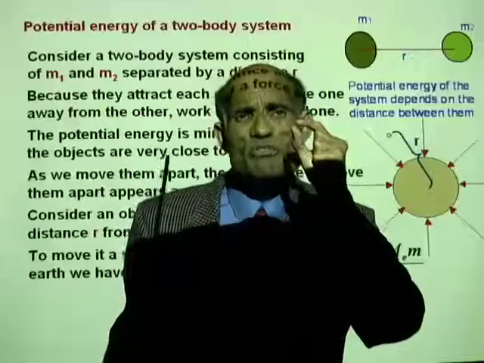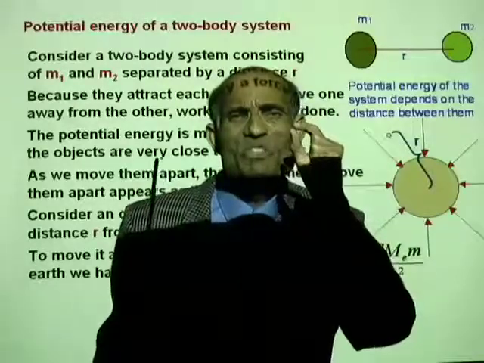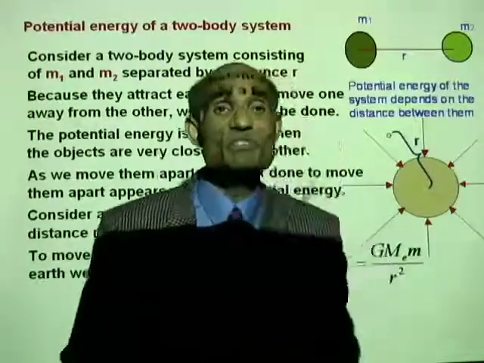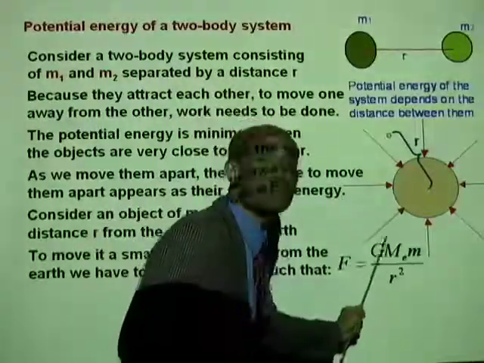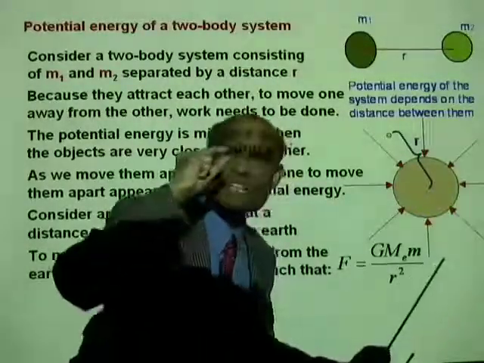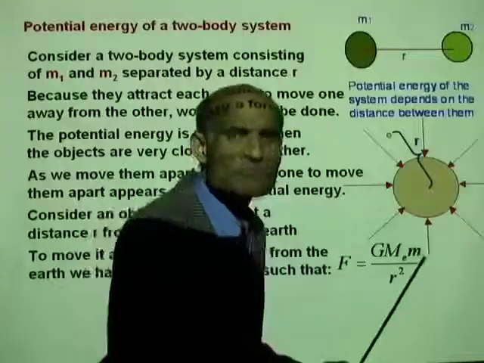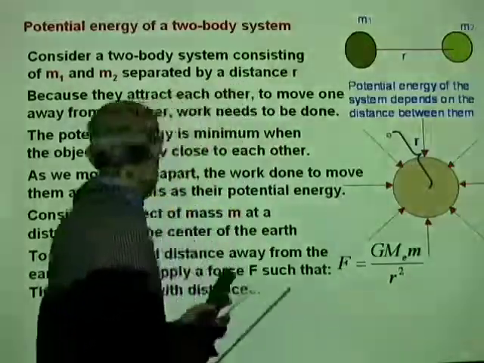Suppose we produce a very small displacement dr. We will assume that this force will remain a constant during that very small displacement dr. That's what we're going to do.